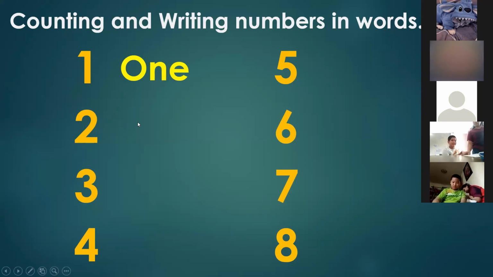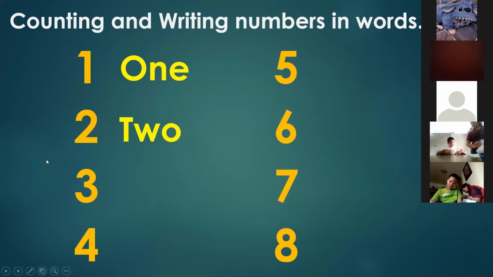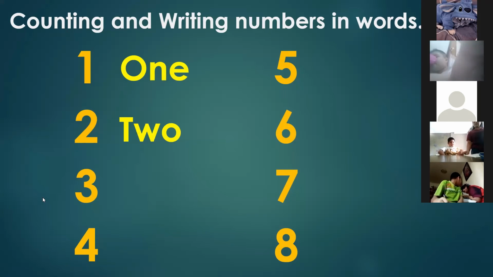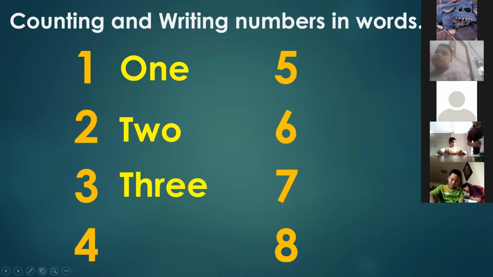T-W-O. Okay, very good. T-W-O is how we spell 2. Okay, next is 3. How do we spell 3? T-H-R-E-E. Very good.